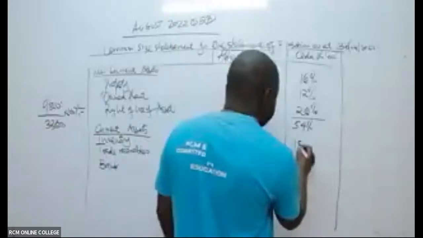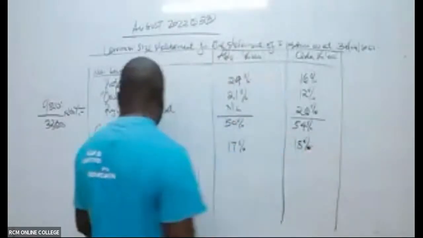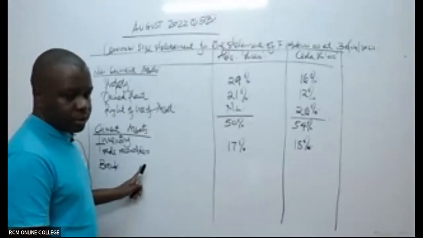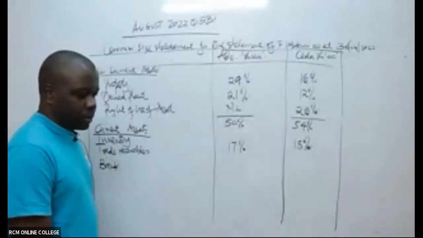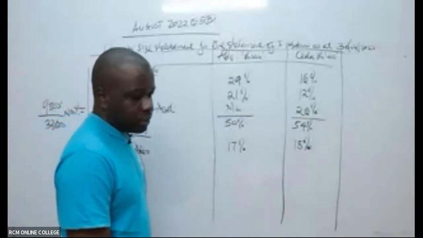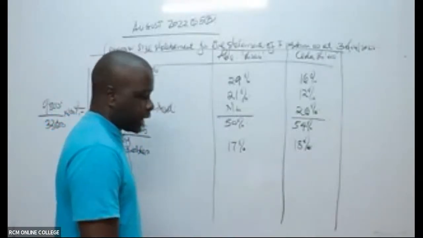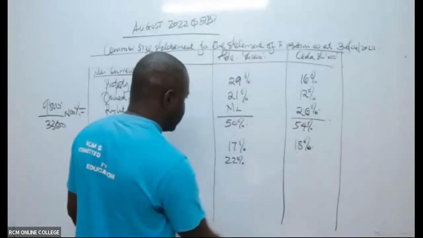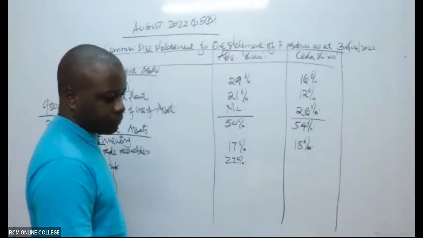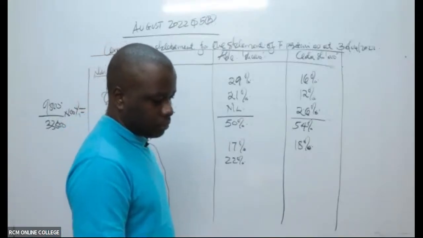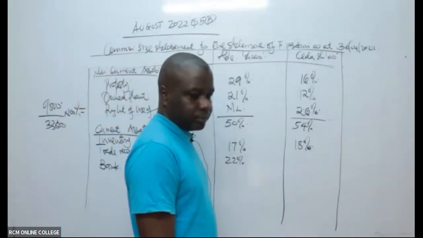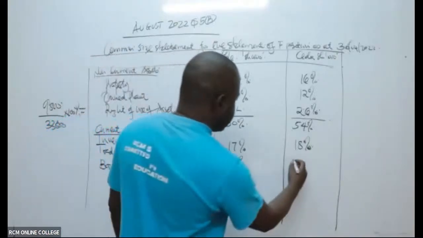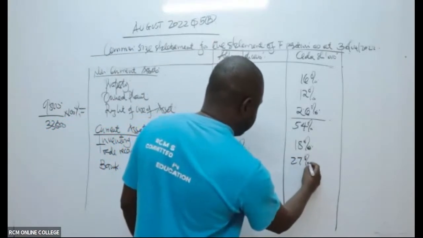And for trade receivables, 21.9, so that is 22%. What about for SEDA? 26.8, so that is 27%, if you round off.